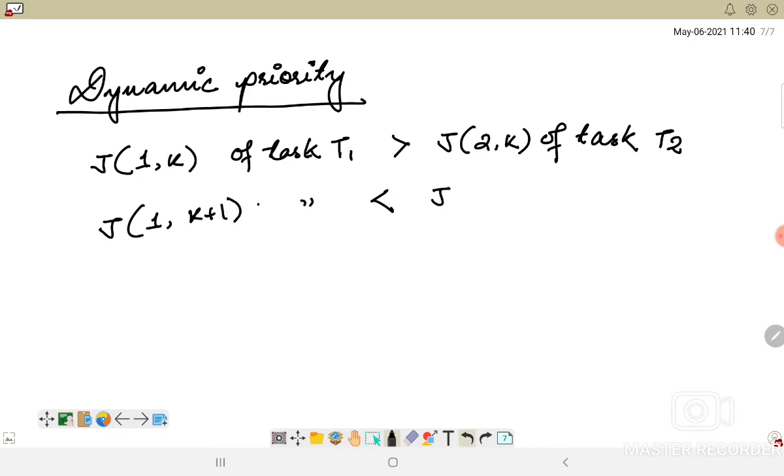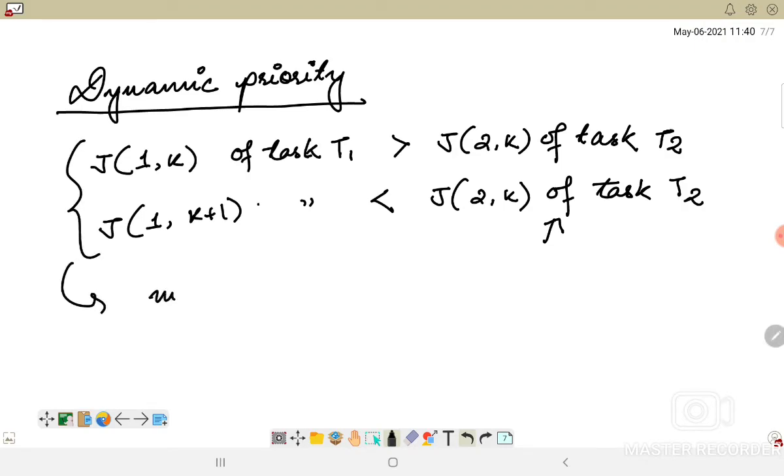It might be lesser than what it is in the first instance. So next time the second job might be executed first. So here the priority of the task changes at every point of time. There is no fixed concept of having any fixed priority. So at every instance the priority might change.